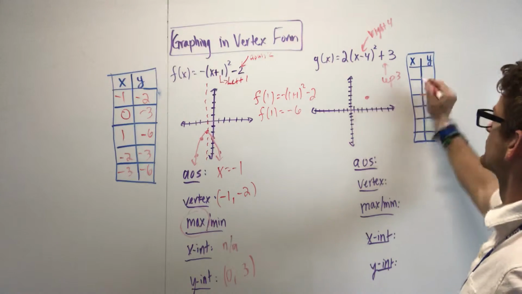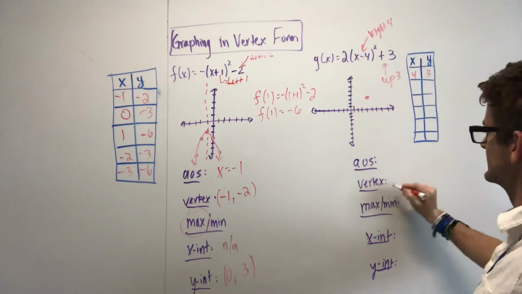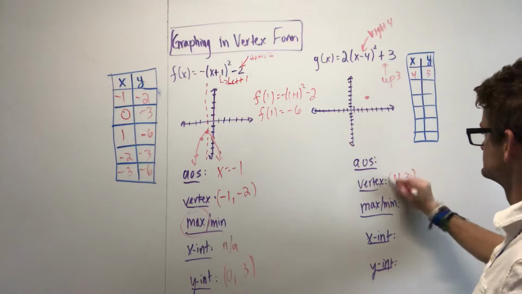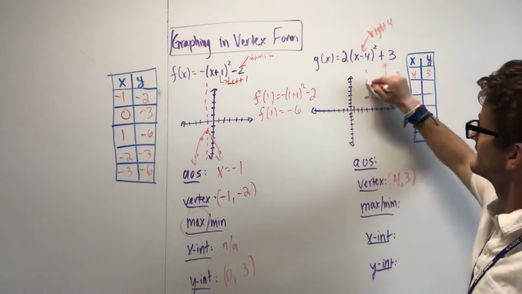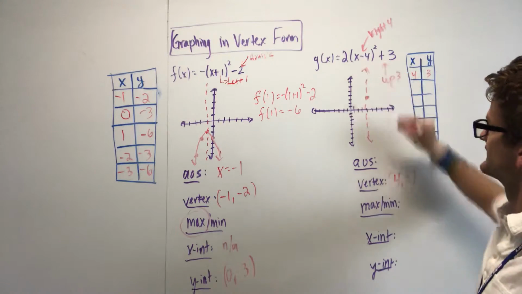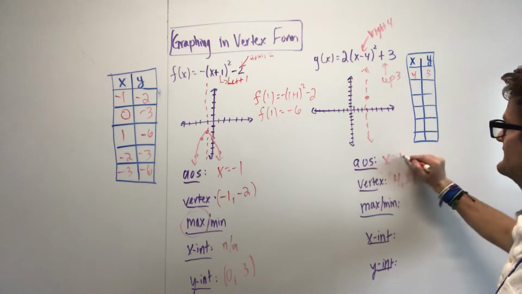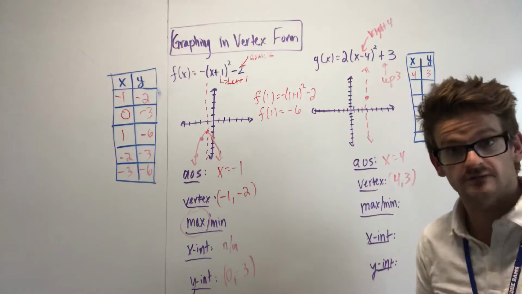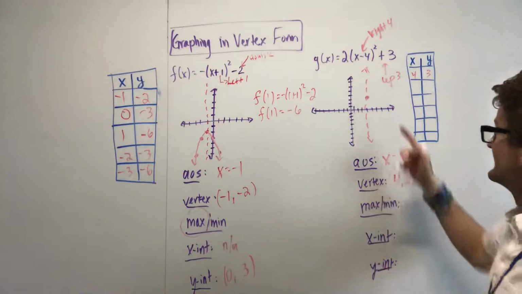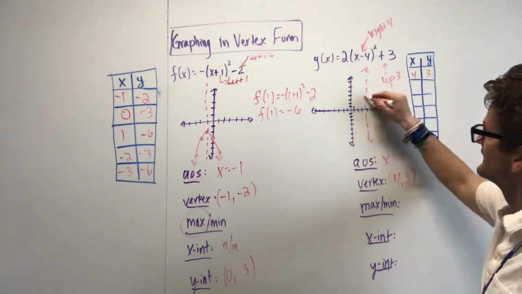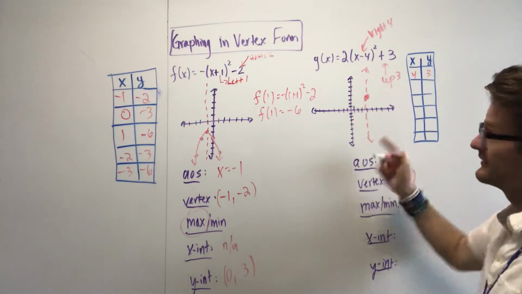So we're at 4, 3 for our vertex. If that's our vertex, we know the axis of symmetry goes through it. It is that imaginary line, and it is at x equals 4.